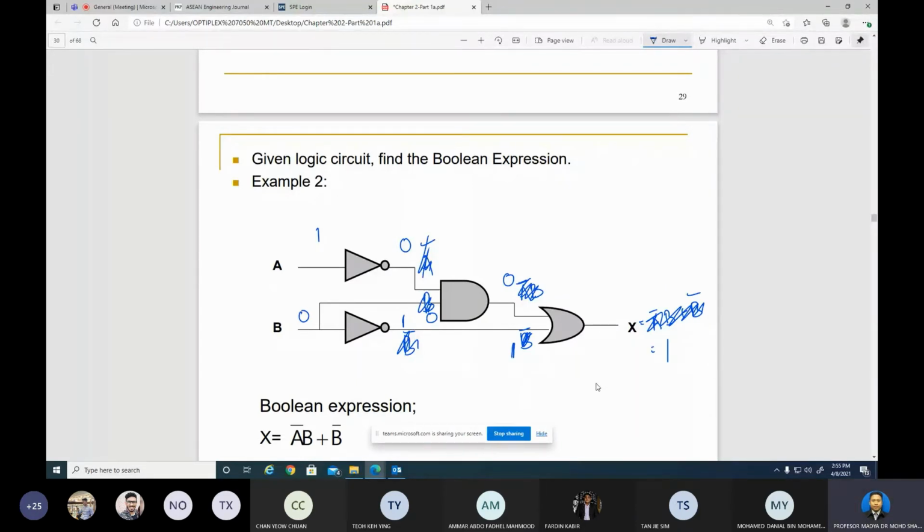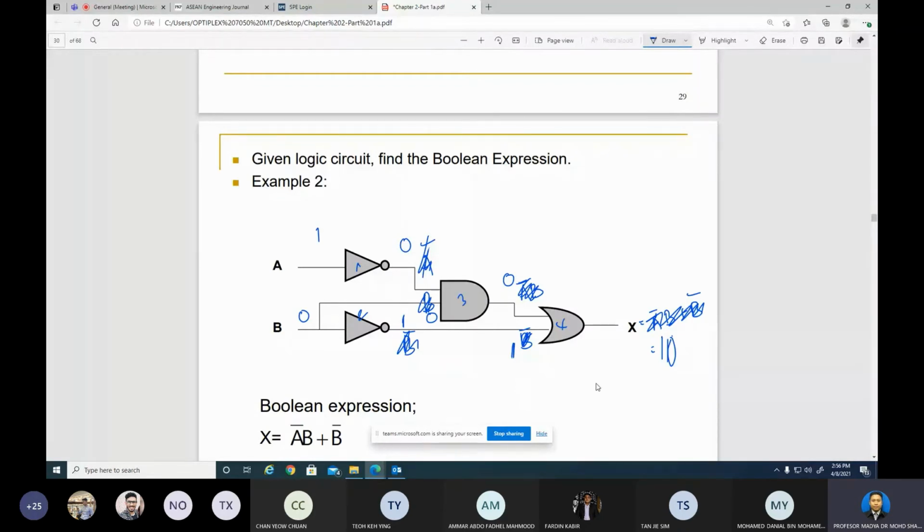It's quite tough. The possibility of a wrong answer is higher, 50-50. If you put 0 it will be wrong, if you put 1 it's correct. That's why we try to implement some technique. For example, here we have only 4 logic gates.